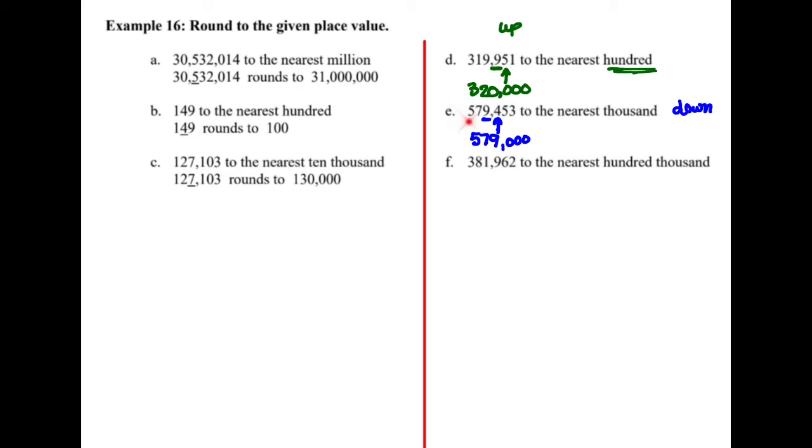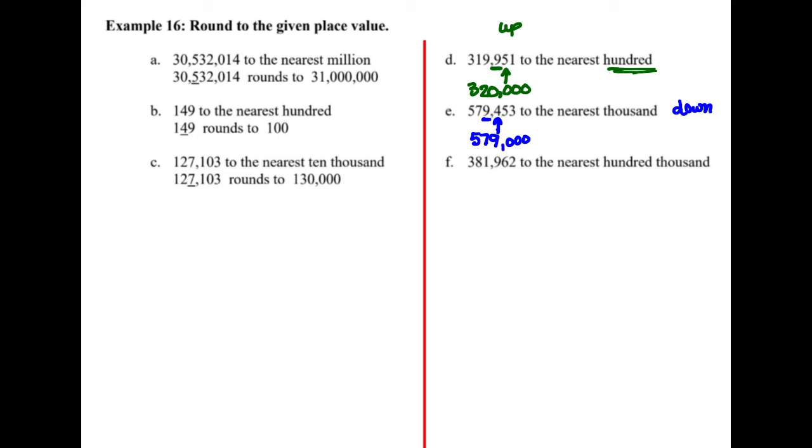So by going from 579,453 down to 579,000, we've dropped by 453 numbers. So it went down. It did round down. Remember, you're not subtracting 1 from the 9. You drop these last numbers and change them to zeros, and that rounds it down.